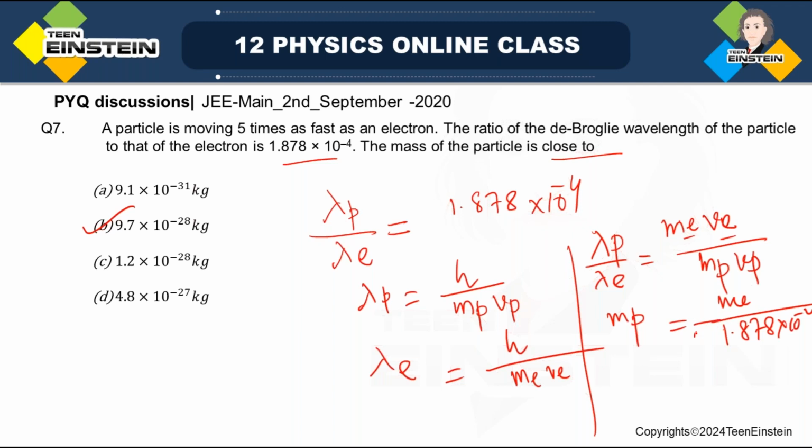So in the numerator there will be 5 into this, and in the denominator I have to find out mp, so vp is 5 times ve. I only have this, 9.1 times 10 to the minus 31, so this will actually give you this value.